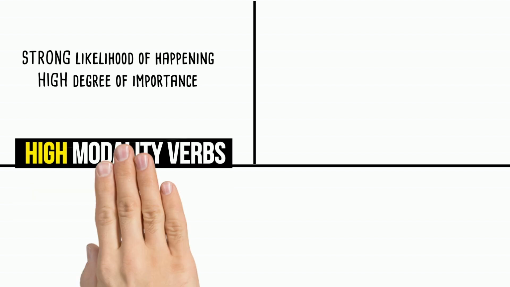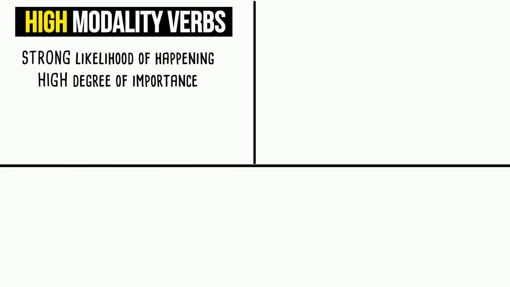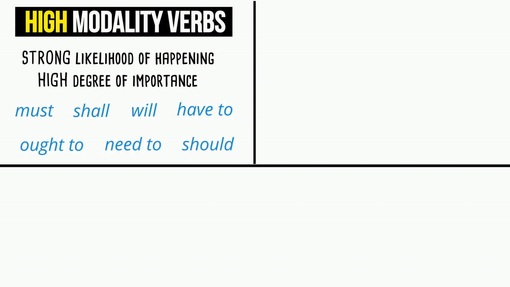Modal verbs that express a strong likelihood of something happening or indicate that something has a high degree of importance are known as high-modality verbs. Here are some examples. Must, shall, will, have to, ought to, need to, should.